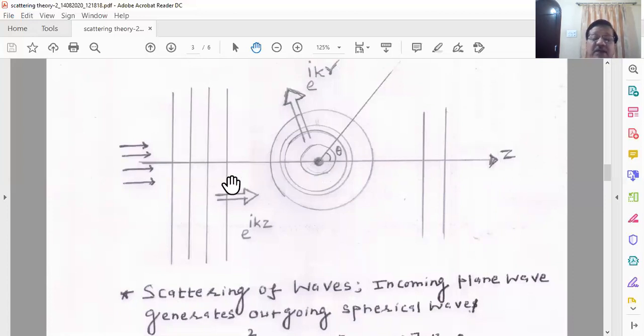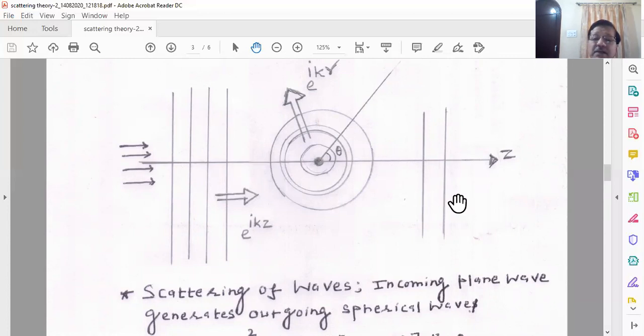The plane wave which is incident and directed along the z-axis is unscattered, so it moves along the z-axis with the same waveform, having the same wave nature, and its expression will be e to the power of i k dot r.